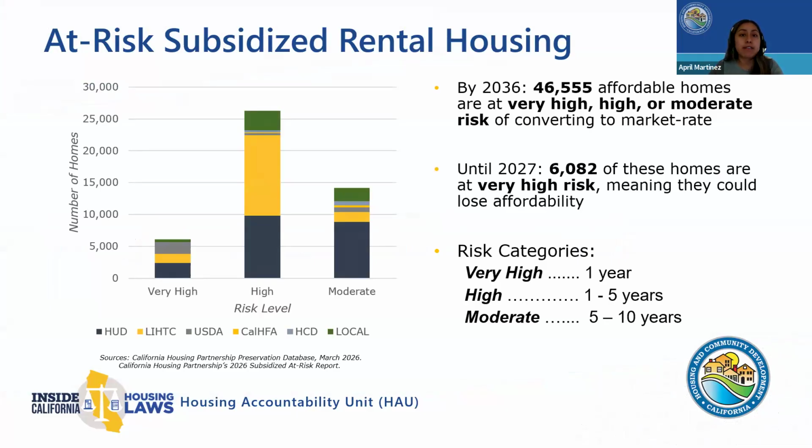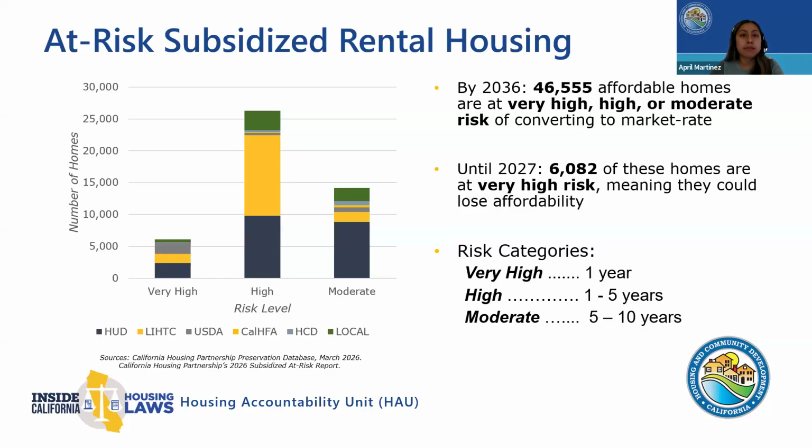Typically, these homes have affordability periods of 20 to 50 plus years. Yet, as these homes near the end of their affordability period, they face the risk of shifting to market rate. This shift can lead to significant rent increases, displacement of vulnerable tenants, and the loss of homes affordable to lower-income seniors and families.